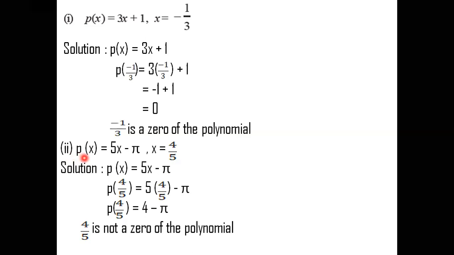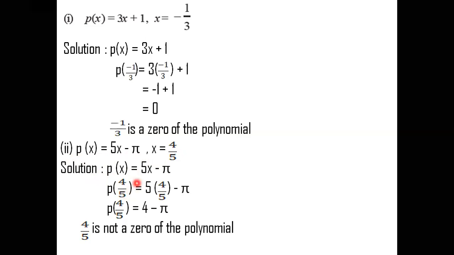The question is P of x is equal to 5x minus 5, wherein the value of x has to be replaced by 4 upon 5. So as part of the solution, I'll write the question first, that is P of x is equal to 5x minus 5, and then as suggested in the question, I replace the value of x by 4 upon 5.